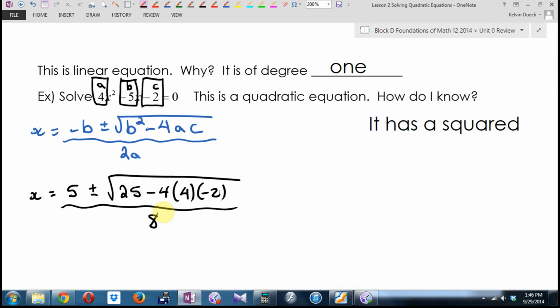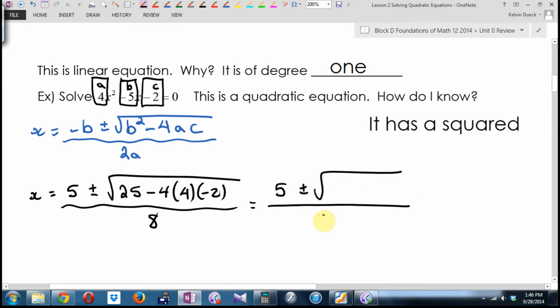Too many mistakes. What I would do, I would go to my calculator, sort of. What I would do is I would type in what's inside the square root. I would go 25 minus 4 times -2. Did you guys learn the discriminant last year? Is that ringing a bell, that word? Discriminant? Okay.